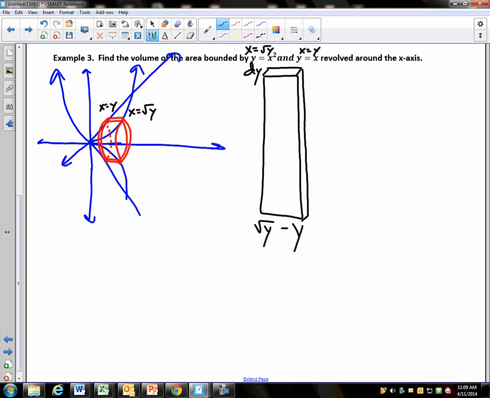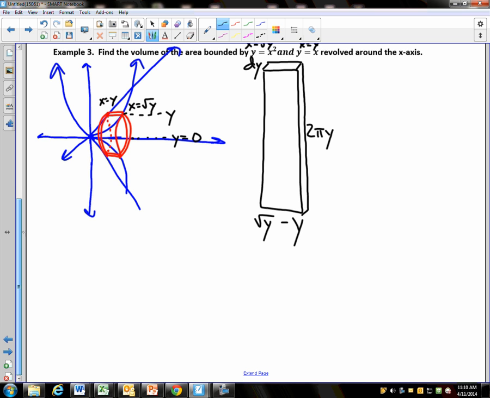Now, my radius, this is just some y value for a height, correct? So I've chosen some y value for a height, and this line of my rotation is y equals 0. So what's the radius going to be? y minus 0, which is y. So the circumference will then be 2 pi y. So I've unraveled my cylindrical shell to be that type of a shape.